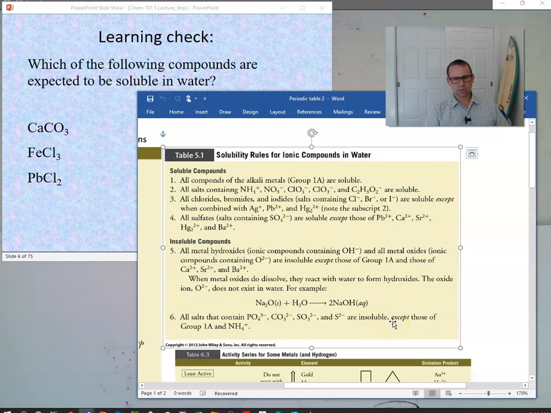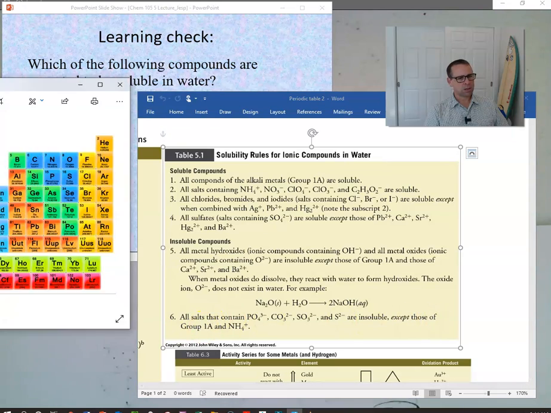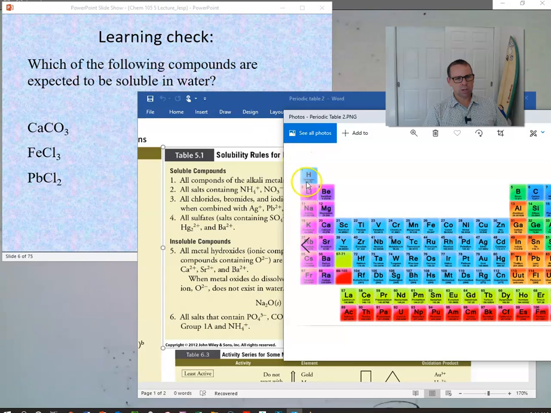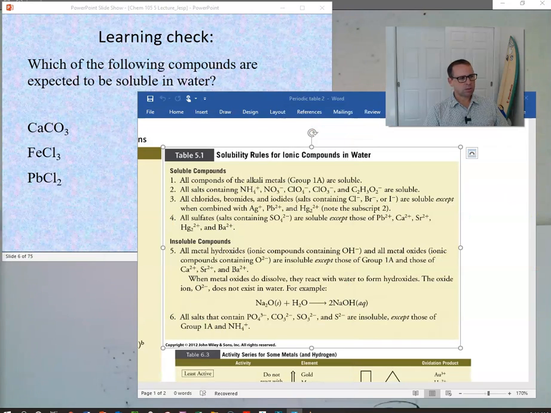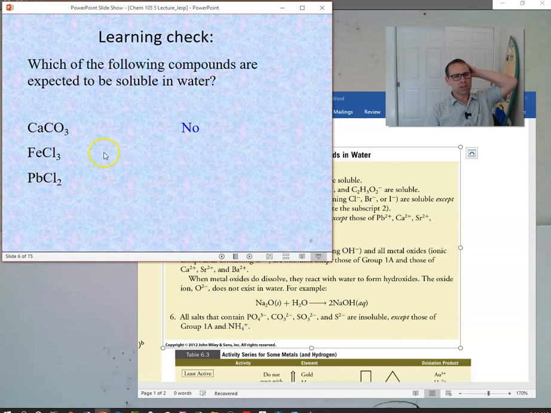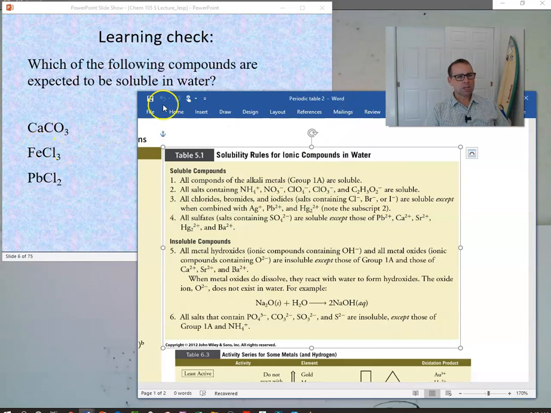Wait, there's an except: except those of group 1A and NH4. So this is group 1A right here. Is calcium in group 1A? No, it's in group 2A. Yeah, that's right. It's in group 2A. Very good. All right. So anything that contains carbonate is insoluble unless it has something from group 1A or ammonium ion. So that means that one is no, it is not soluble in water. Okay, very good. How about the next one?